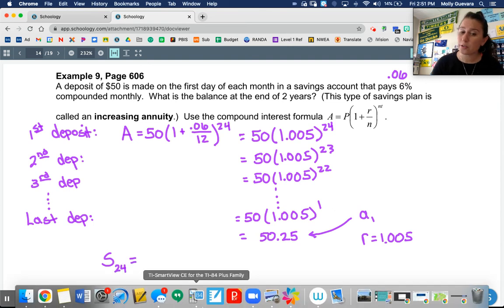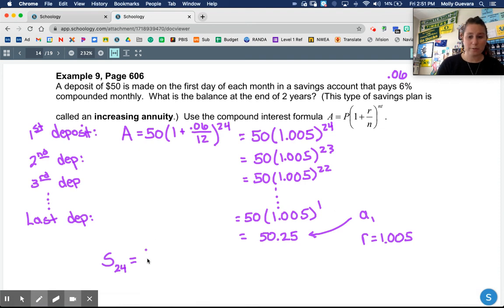So I'm going to use my partial sum equation. So it's my first term, which does not have a 1 in it, $50.25 times 1 minus my R, so 1.005, to the 24, all over 1 minus 1.005.